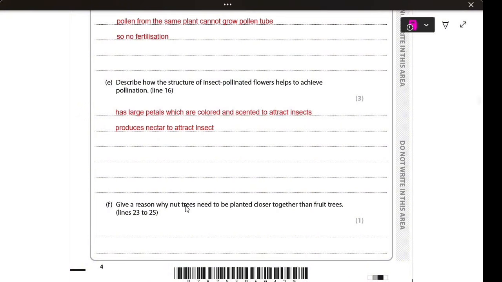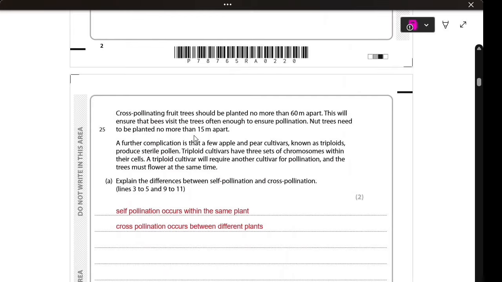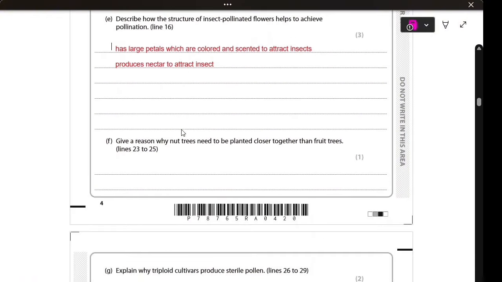And at the last part of the passage, we read that wind pollinated flowers need to be planted no more than about 15 meters apart, and cross pollinating flowers or insect pollinating flowers should be no more than about 60 meters apart. So that should be the answer why they are closer than the fruit trees, because they are wind pollinated flowers.